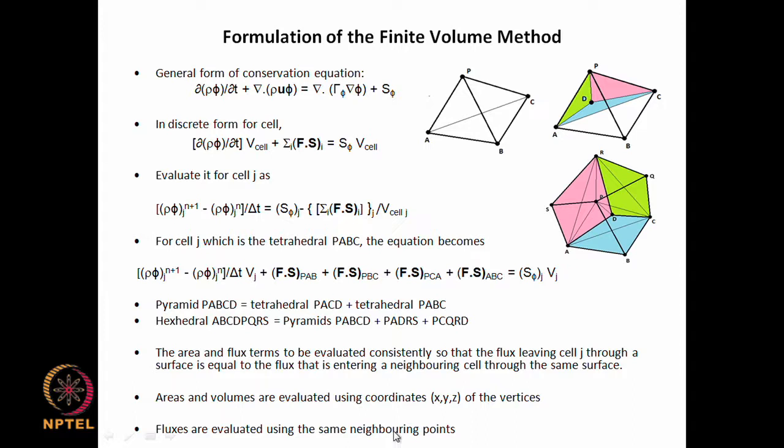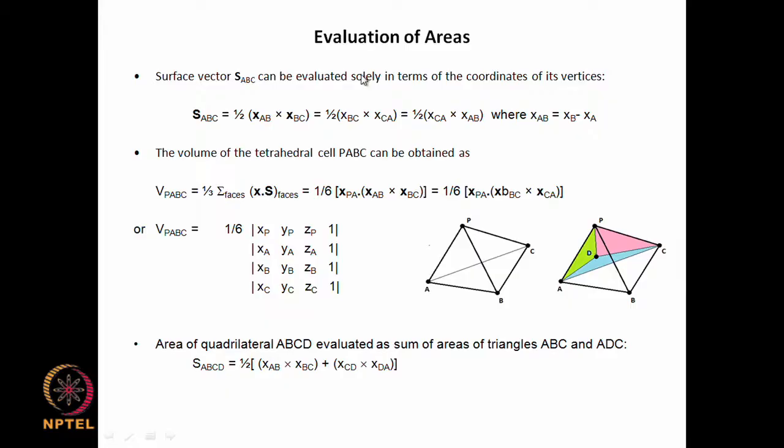We will elaborate on this now so that we have a good understanding. Evaluation of areas: the surface area vector SABC can be evaluated solely in terms of the coordinates of its vertices. SABC is given as half of the cross product of XAB and XBC. It is also the same as XBC and XCA.